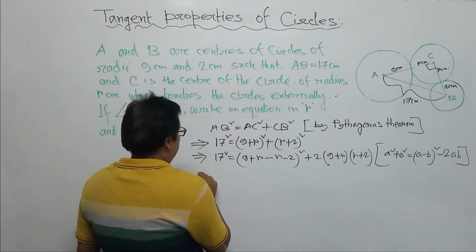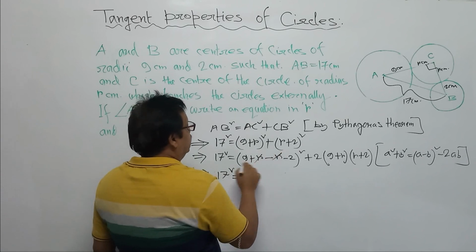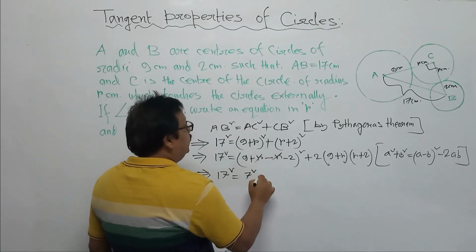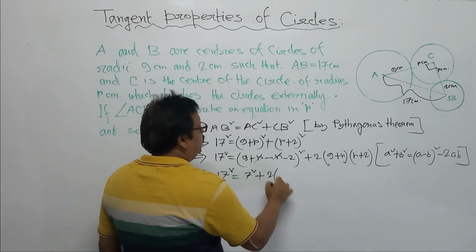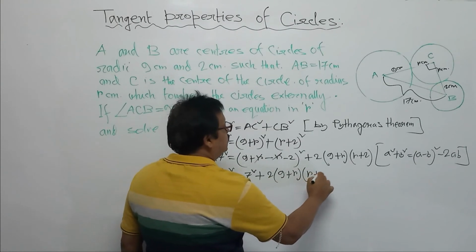That is, 17 square equals 9 minus 2, 7 square, plus 2 into 9 plus r into r plus 2.